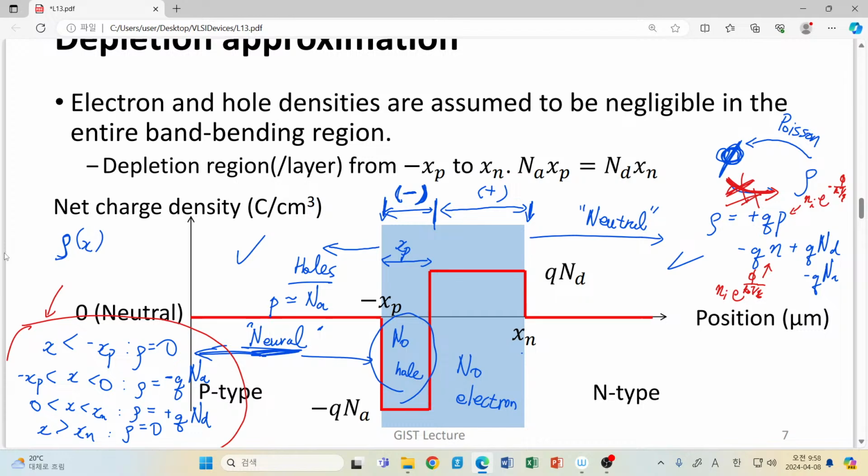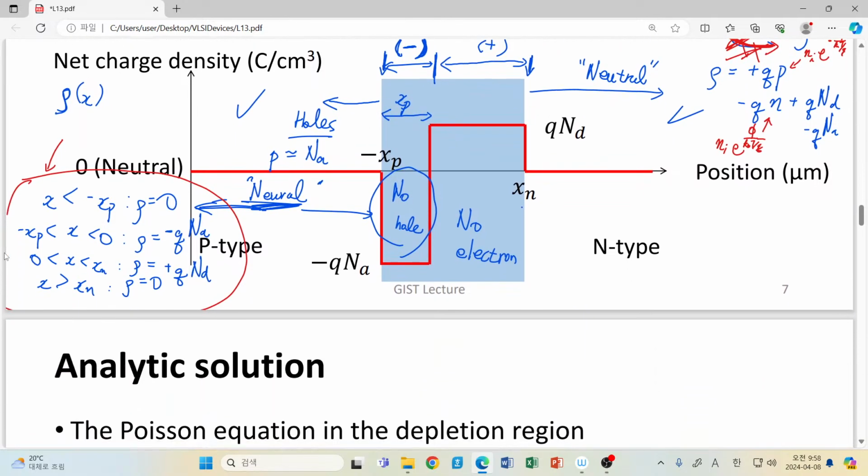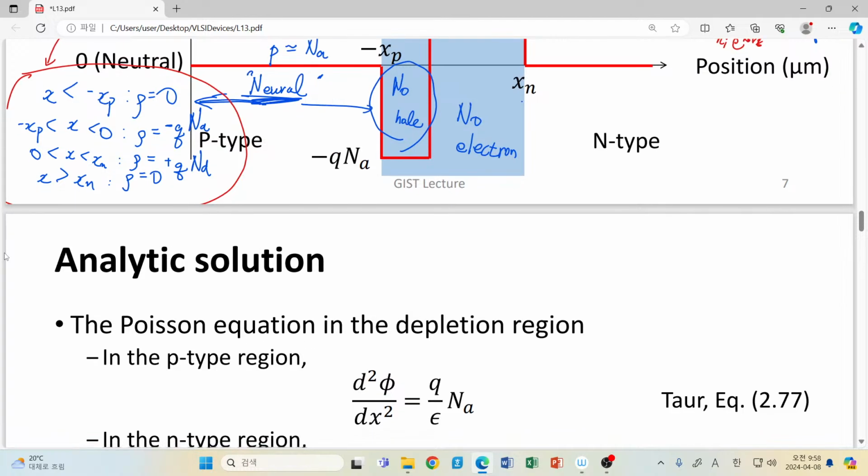But let's assume that you make a seemingly very good approximation in your model derivation and your result seems to be quite awful when compared with the realistic numerical values. Then although it seemed quite reasonable, it was not that good actually. So please note that the validity of any kind of approximation should be tested against the real result obtained from that approximation. But everybody understands the depletion approximation is quite good.